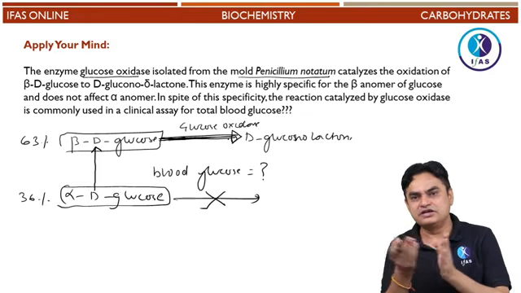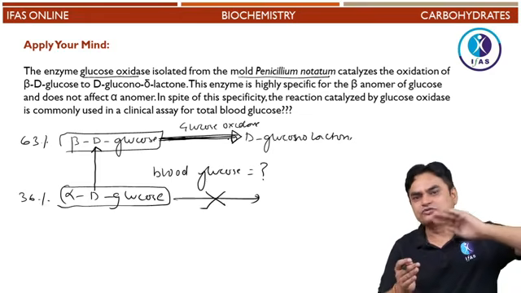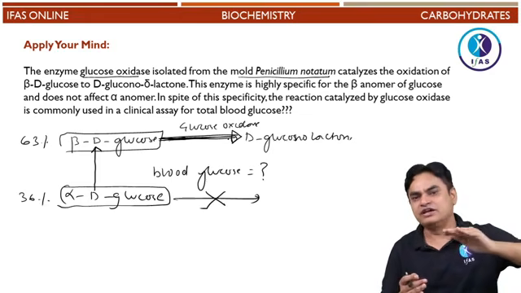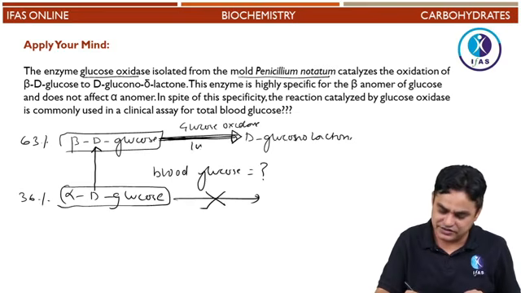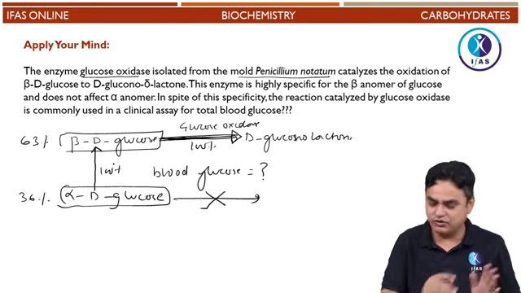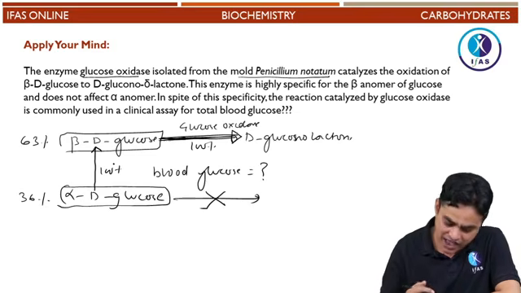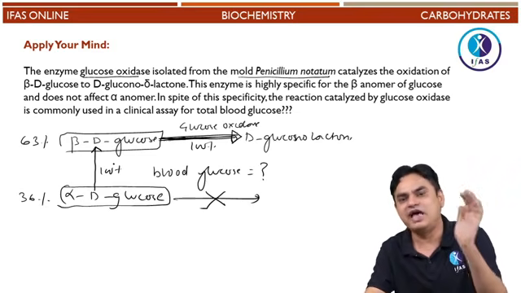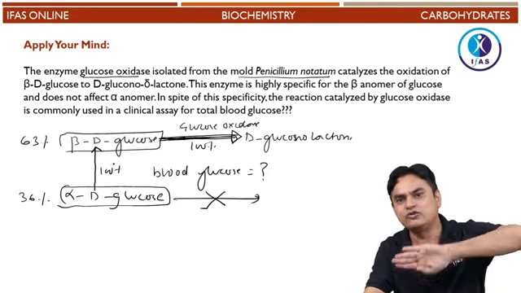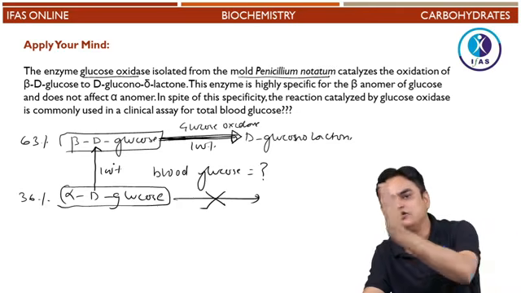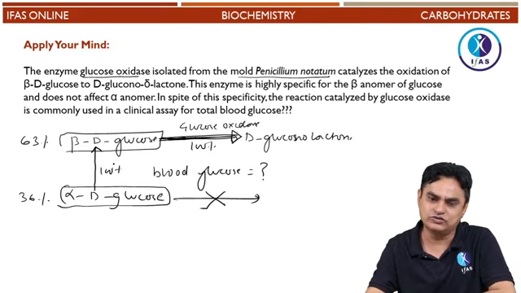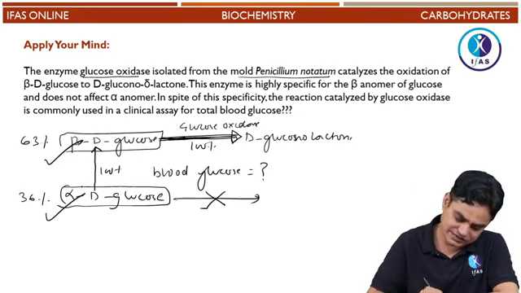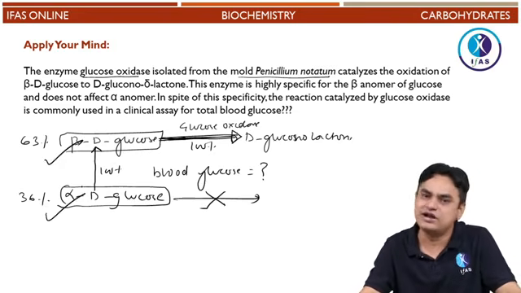By removing the beta-D-glucose, the alpha-D-glucose will be converted into beta-D-glucose, and there would be a time that 100% of this has been converted to gluconolactone. Alpha-D-glucose would have been converted to beta-D-glucose. So as you remove the beta-D-glucose, alpha-D-glucose gets into beta-D-glucose, and further beta-D-glucose will be converted into gluconolactone. In this way you can assess the total blood glucose.